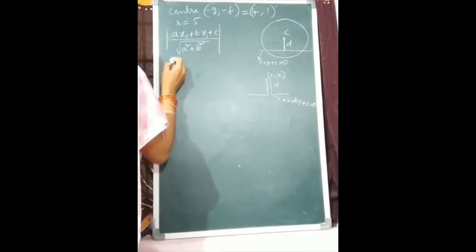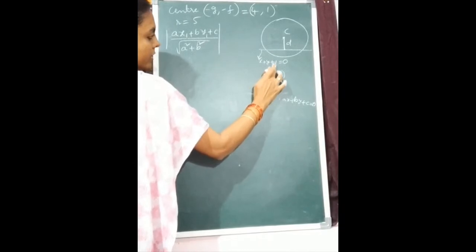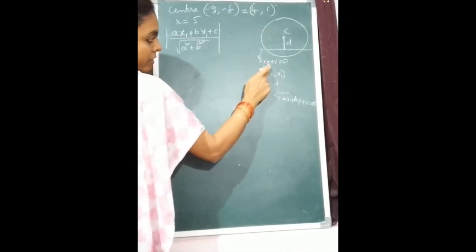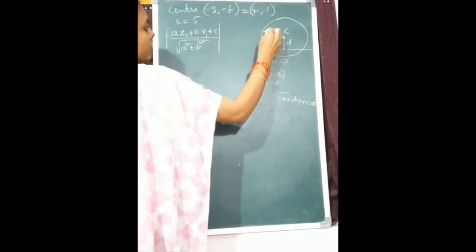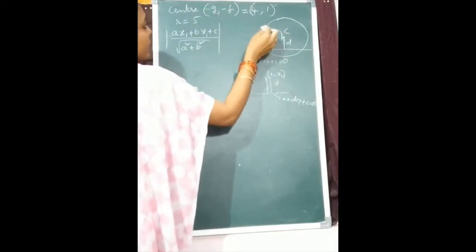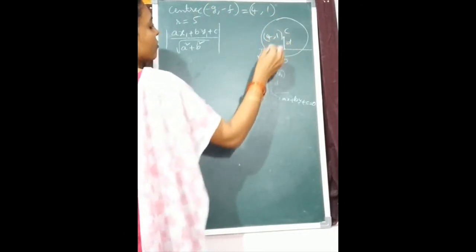So this is the line x plus y plus 1, the secant line, and the center C is 4, 1.